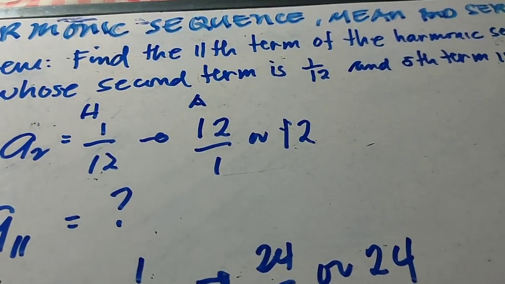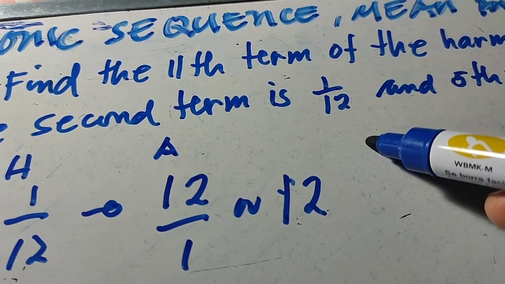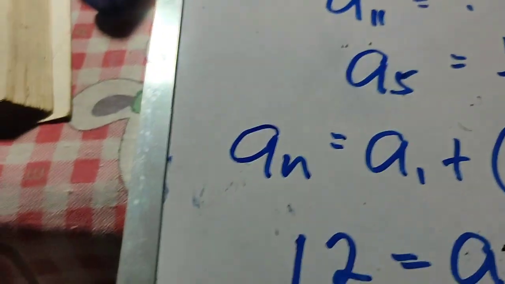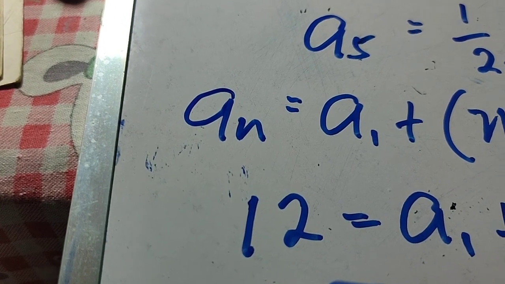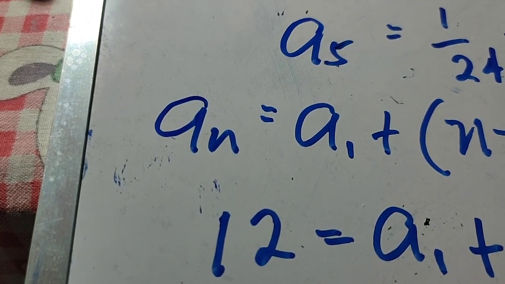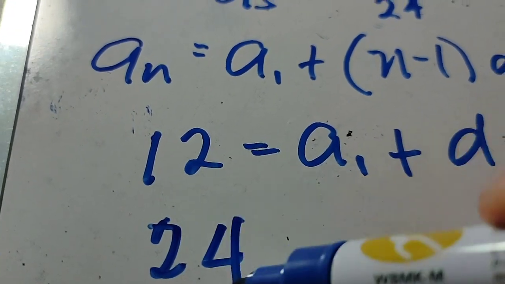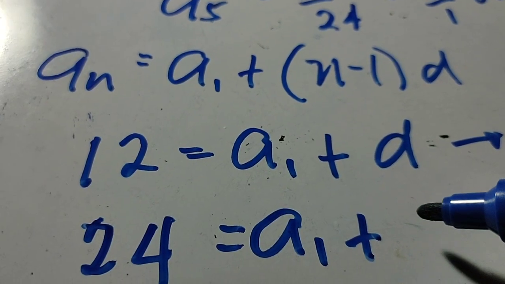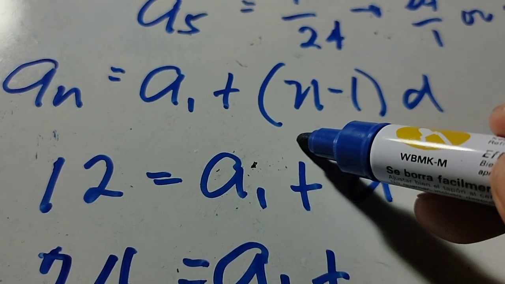And then we have the next part, which is to consider the fifth term. So our fifth term here is 1 over 24. So the reciprocal is 24, and that is a sub 1 plus 5 minus 1 is 4, as our n is 5 minus 1.